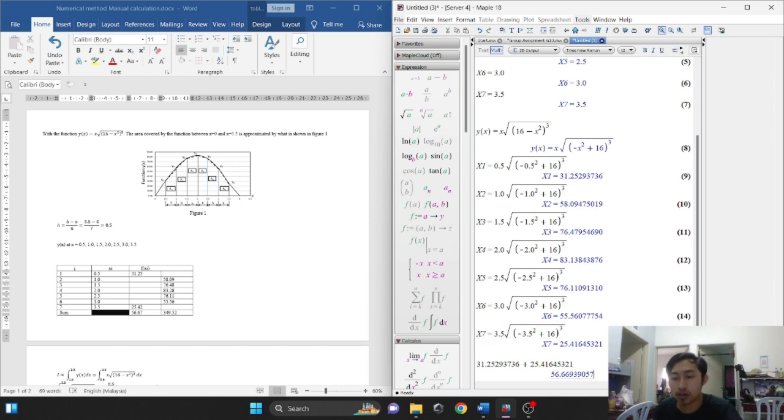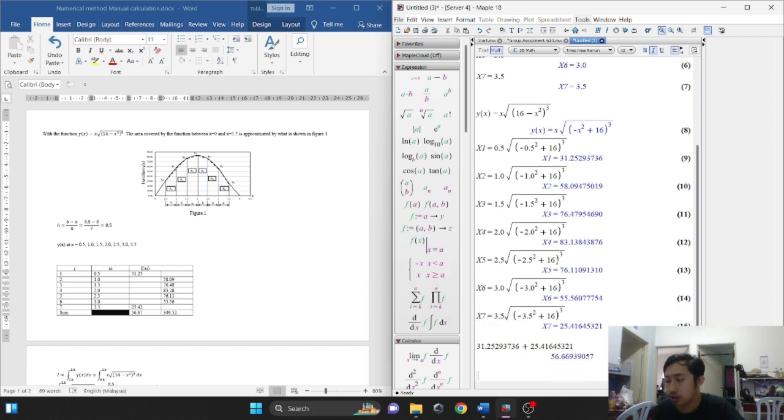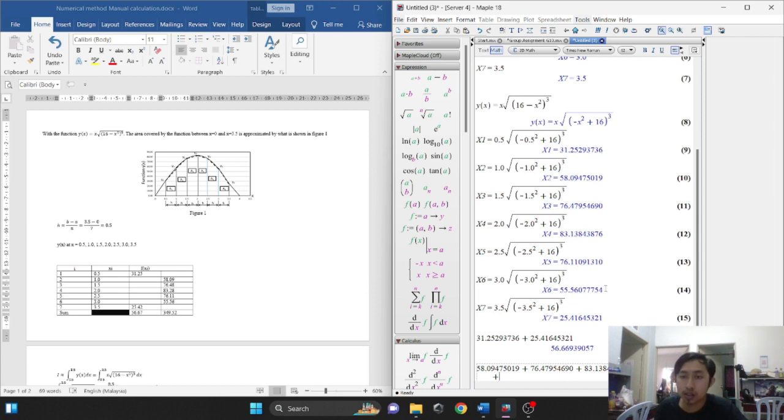And for decimal basis, okay, so after that we equal x 1.0 until 3.0, x4, 5, x6.